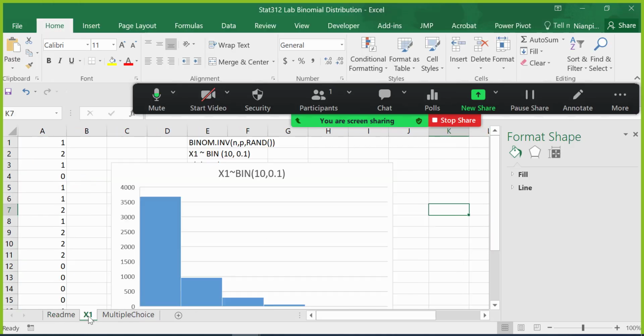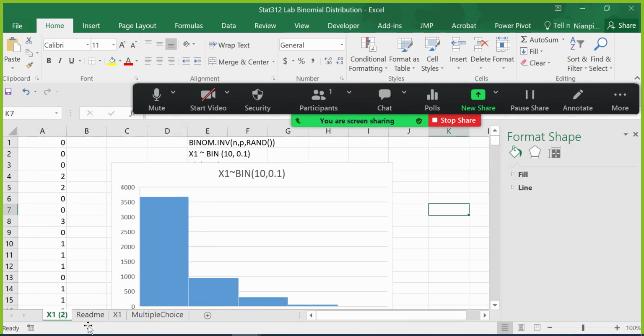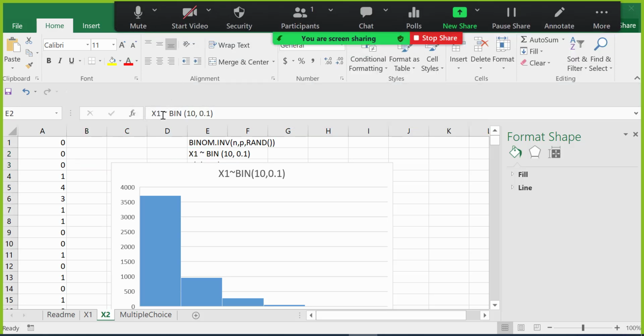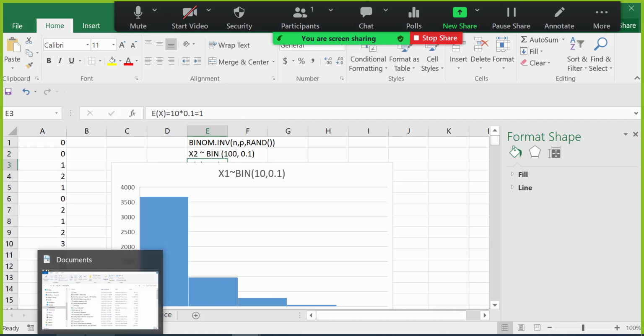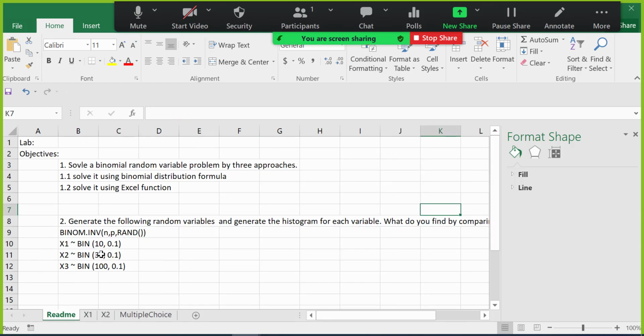Okay, for x2, the easiest way, I would say, is to make a copy. And then change the name to x2, and then I can change the data here. So here is x2. X2 follows a binomial distribution.